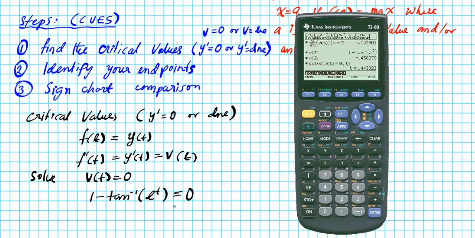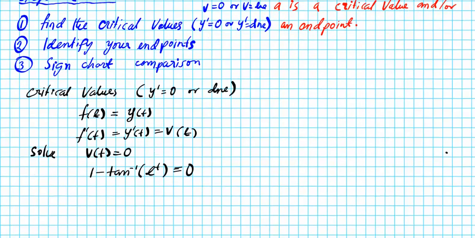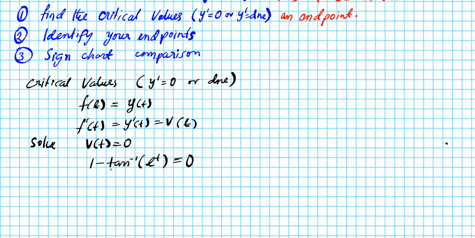Now, if you wanted to do this by hand, let me show you real quick. This is not necessary if you're using a calculator. You subtract 1 from both sides, and you have negative arctan of e to the t equals -1.